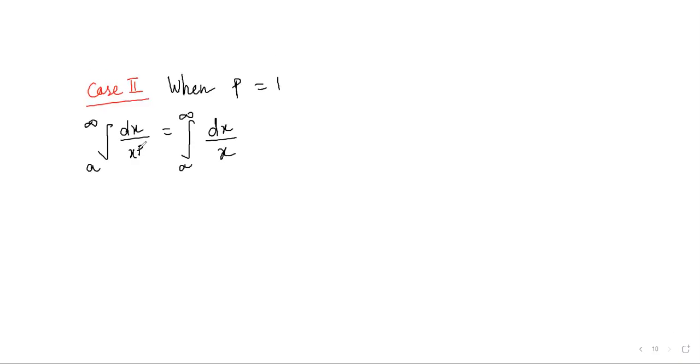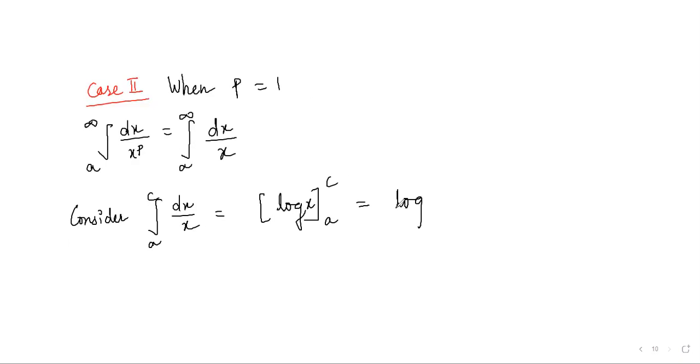What we have done is put here p as 1. And consider now this integral from a to c of dx upon x, it will be log x, and the limits are from a to c. We will get log c minus log a.